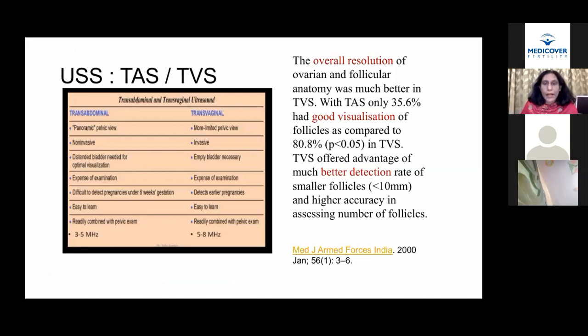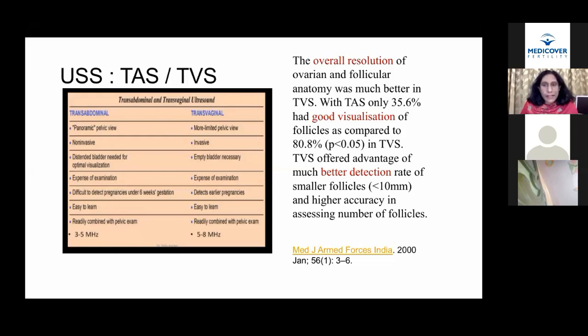Now there are two ultrasounds by which we can see the pelvis. One is the traditional, which is abdominal ultrasound. The other is transvaginal ultrasound. If we compare transvaginal with transabdominal, we find that the overall resolution of ovarian and follicular anatomy is much better with transvaginal.